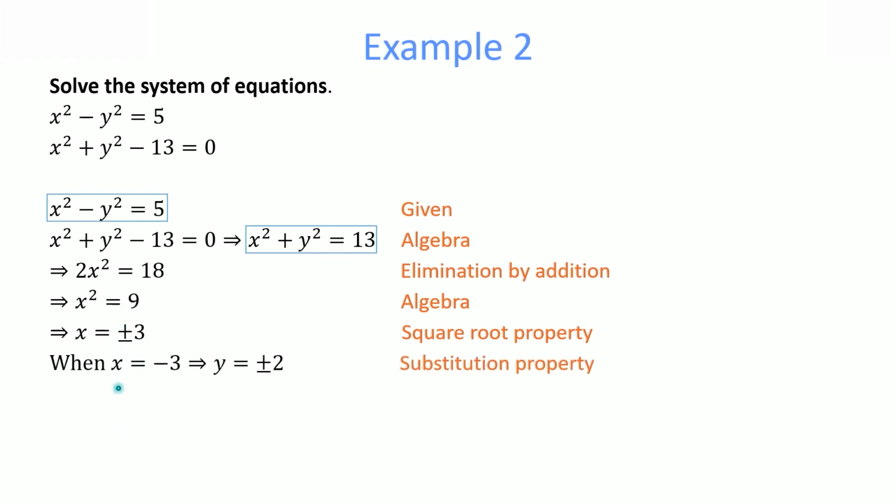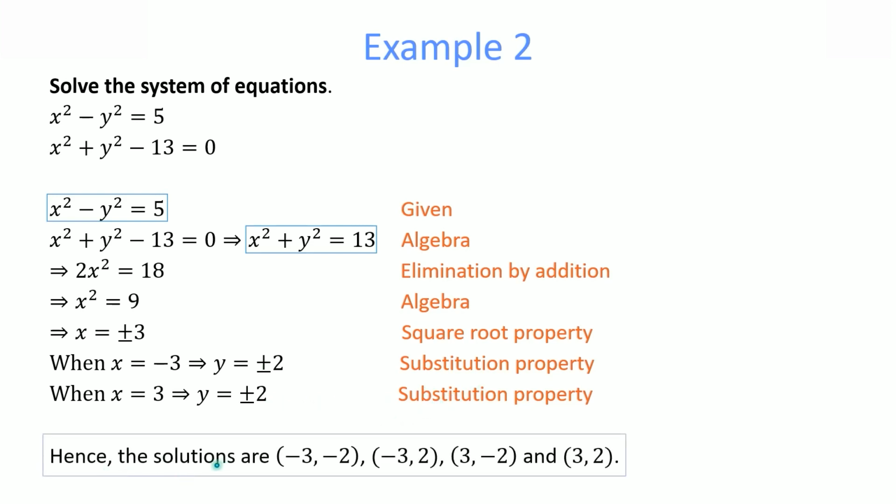So then we substitute x equals minus 3 into one of our two equations, and we get that y equals plus or minus 2. So x equals minus 3 gives us 2 points. And also when x equals 3, we get y also equals plus or minus 2.